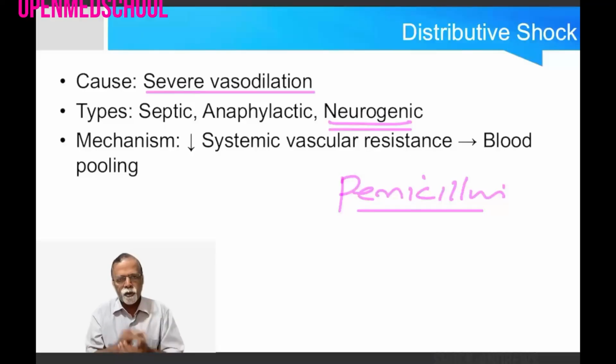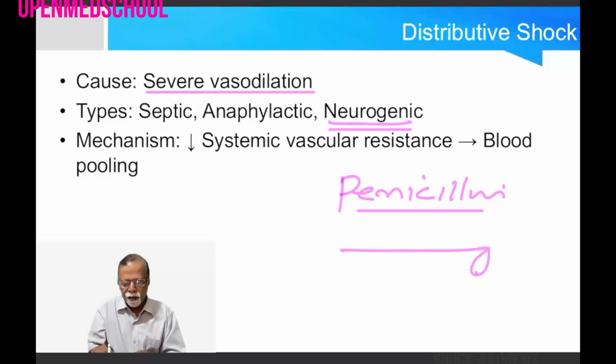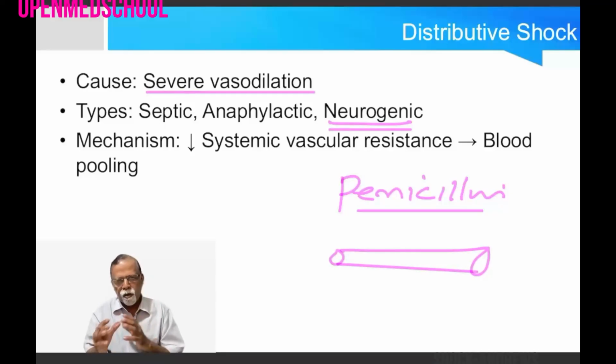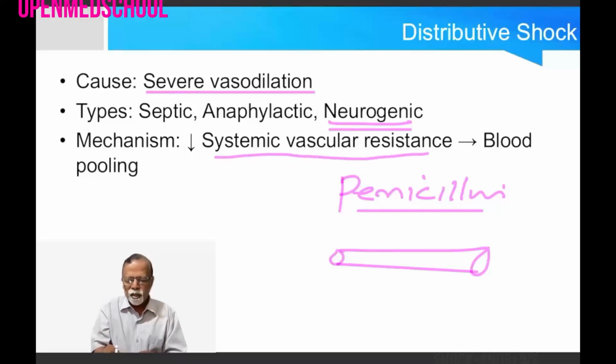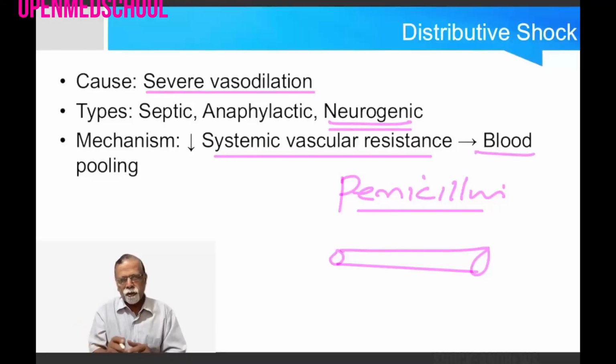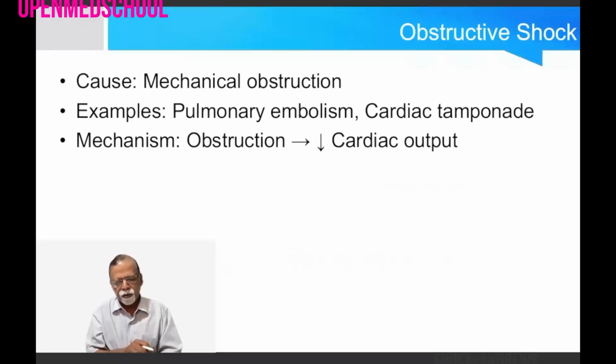That is due to neurogenic causes, about which we study. The blood vessel tone is maintained by the nervous system, and when there is an abnormality, the tone is not maintained, leading to vasodilation. So the mechanism is a decrease in the systemic vascular resistance, and blood pooling occurs. That leads on to decreased tissue perfusion. Then finally, the obstructive shock.